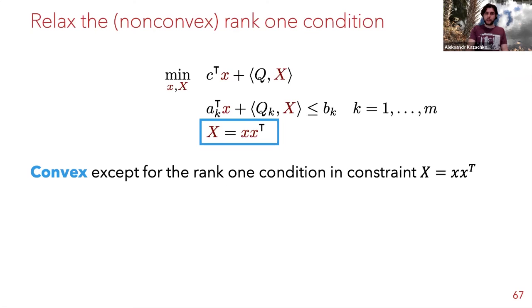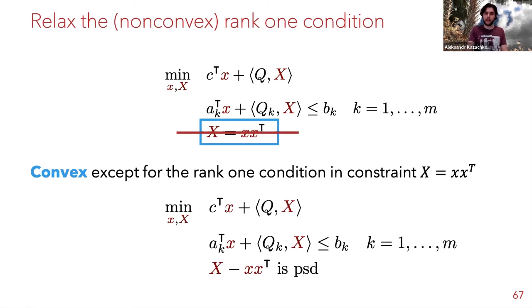And this happens to actually be a convex problem, except for that rank 1 condition, X equals xx transpose. What we can do is remove that constraint and then add a convex constraint saying that X minus xx transpose is PSD.